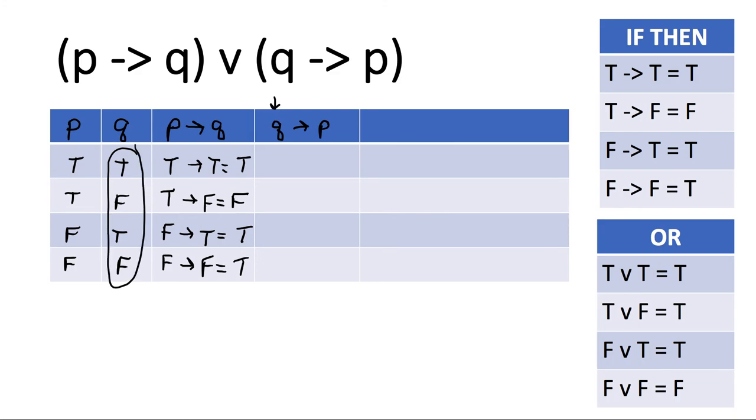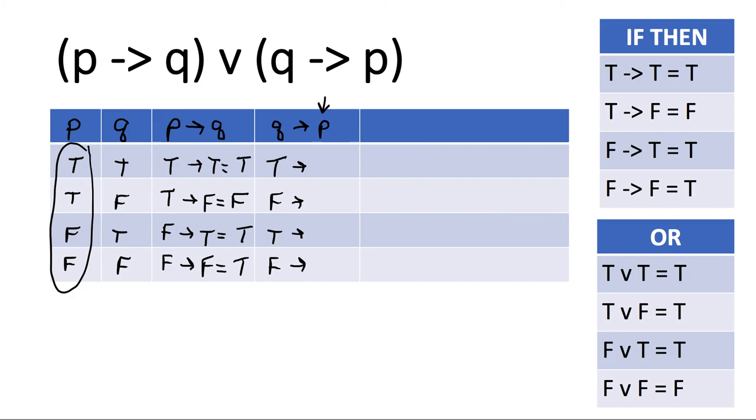So T, F, T, F. We're going to put our arrow in the middle. And then we need to copy the P values. So underneath this P, I'm going to put these P values. So T, T, F, F.